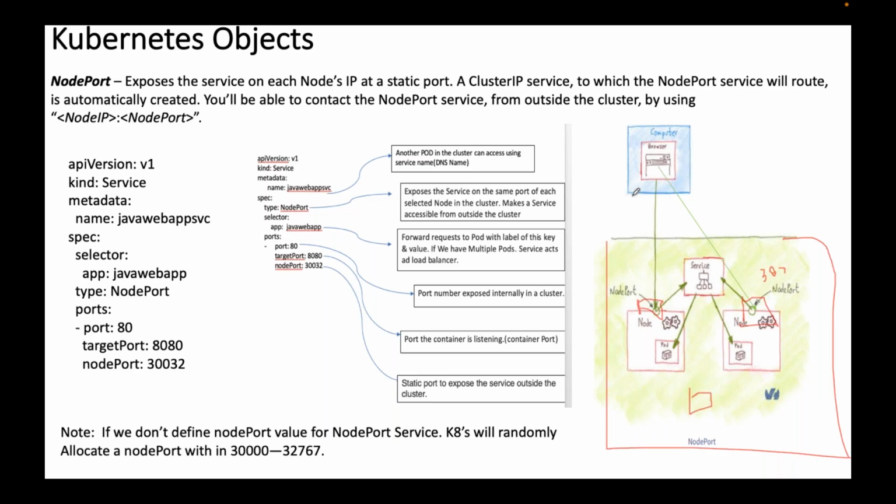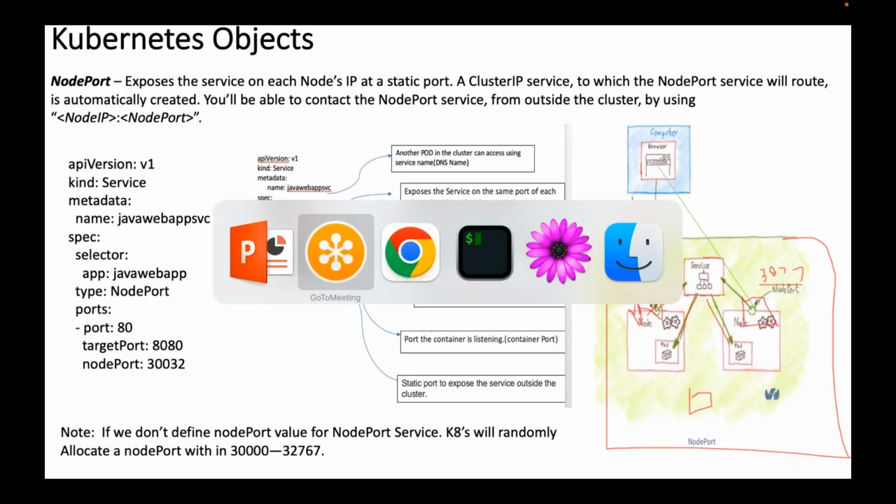The request first goes to that node, where port 30,077 is listening as a kind of host port. Then internally, that node port routes the traffic to the cluster IP you are not accessing directly, and that cluster IP routes the traffic to your pod IPs.